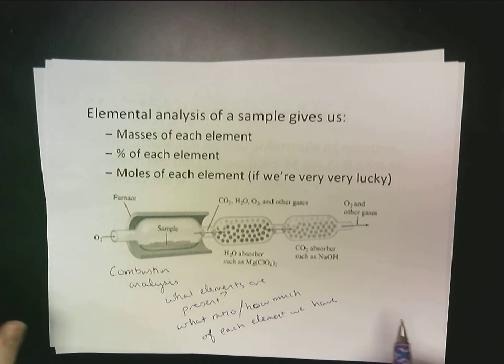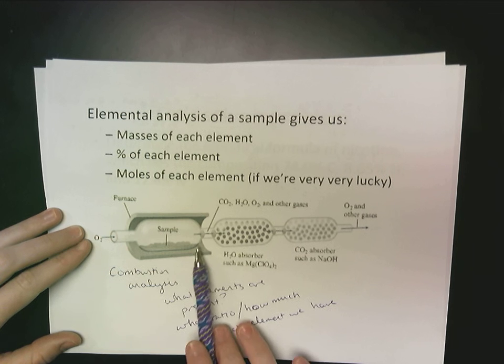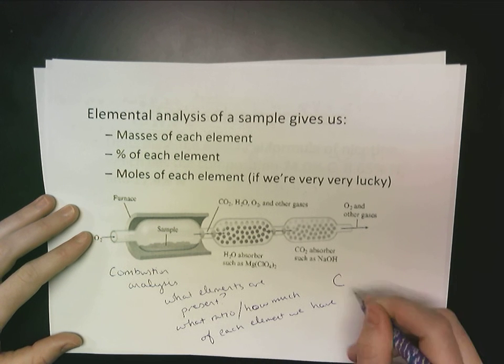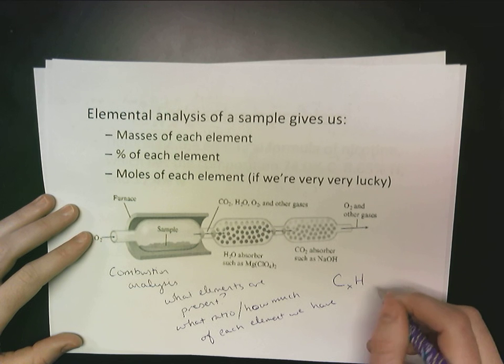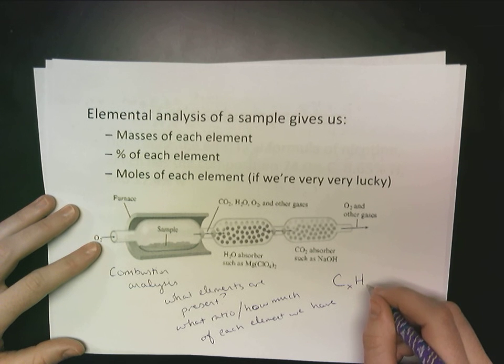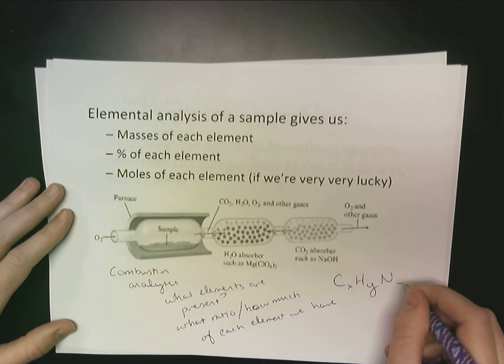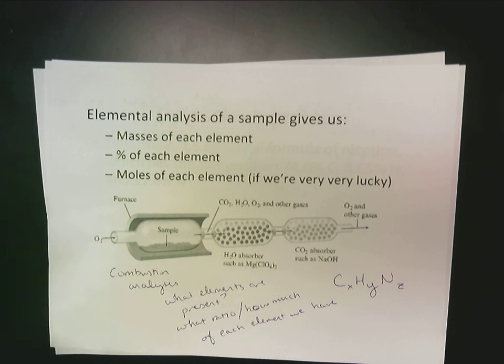Okay, we might use something like this. Now this particular version would only allow us to figure out something that has only carbon and hydrogen in it. Well, actually, you could have one other thing in it, but we're not going to go into that. So you could have, for example, nitrogen in it as well and figure out how many nitrogen molecules there were.